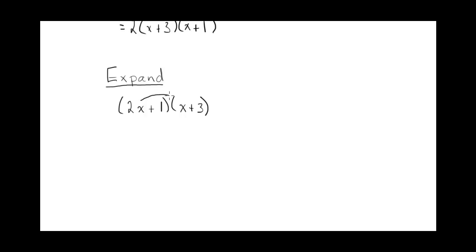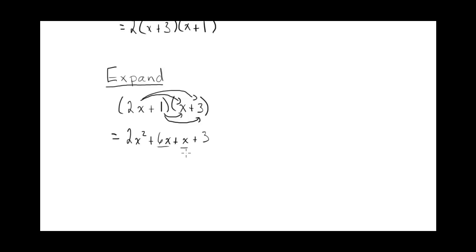Well, 2x times x and 2x times 3. So 2x times x is 2x squared. 2x times 3 is 6x. 1 times x, and then 1 times 3.